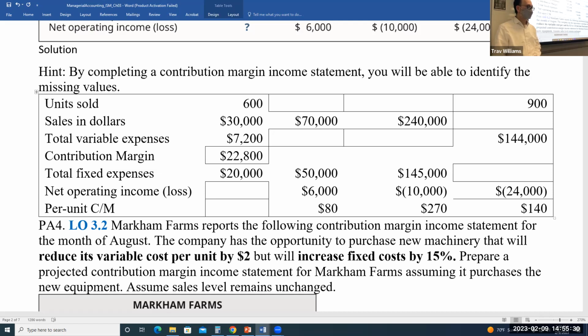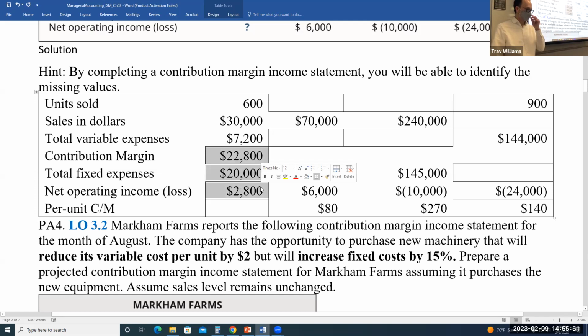And then if we have 20,000 in fixed expenses, what's our net income? $2,800, right? We just subtract our fixed costs from our contribution margin, we get our net income. That's not so bad. Let's fill this in too.